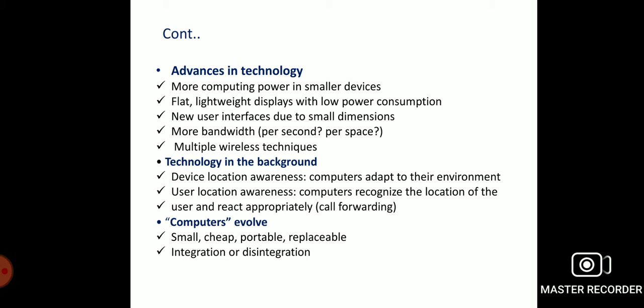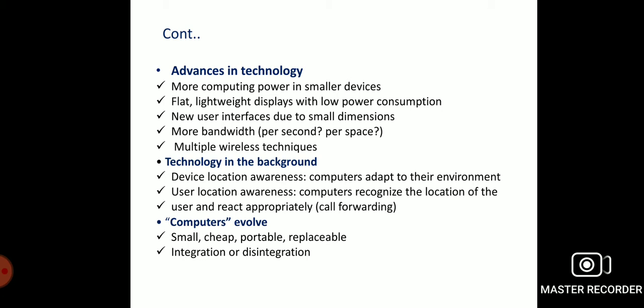First one is advances in technology. It gives more computing power in smaller devices, and flat and lightweight displays with low power consumption. So low power consumption is one of the primary developments of computing and any other technology. And the third one, new user interfaces due to small dimensions, so reduced area.